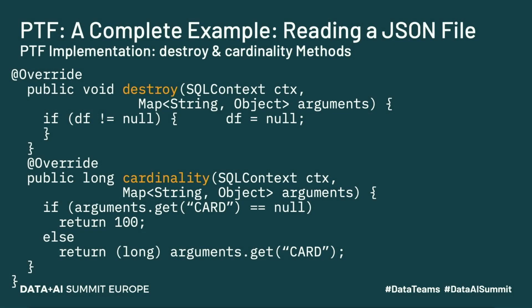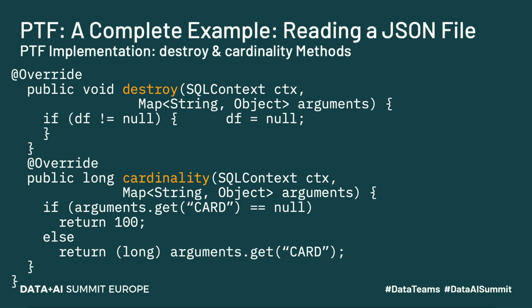And now let's look at the two remaining methods which we have to implement. Well, the destroy method is very simple. It just sets df to null if it isn't still null. And the cardinality method is also very simply implemented. It's looking whether there is an argument card for cardinality.